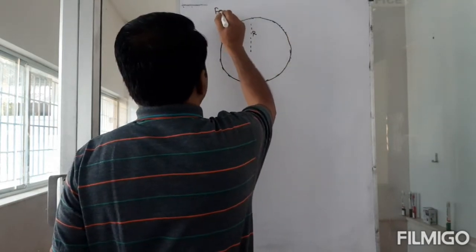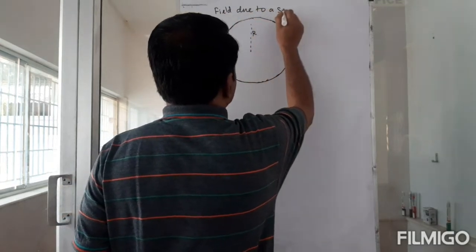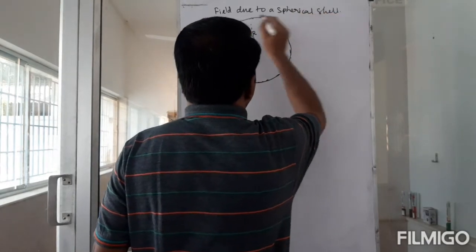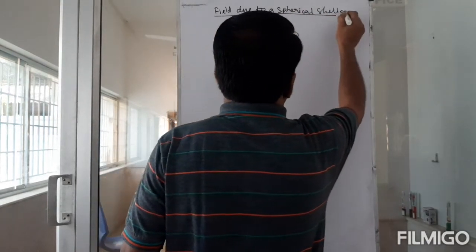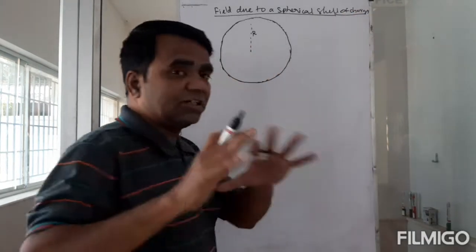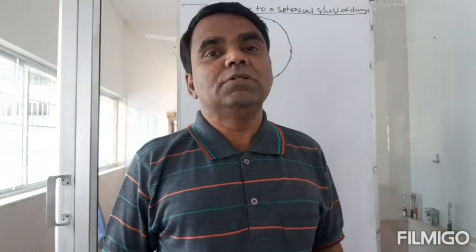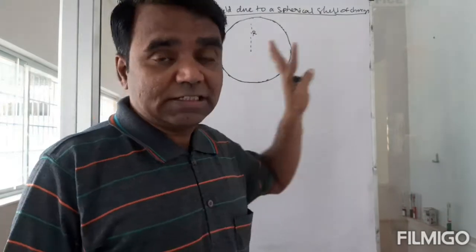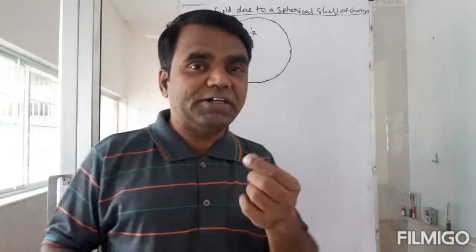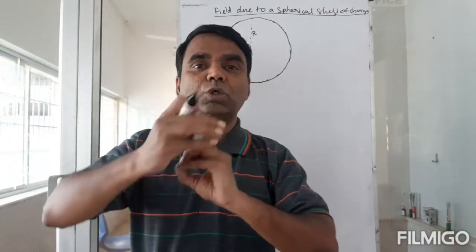The field due to a spherical shell of charges. So the charges are now distributed over the surface of the shell. So I can talk about the surface charge density now. So it's no longer a point charge. So you have a shell like an eggshell, and charges are distributed all around, all over it.